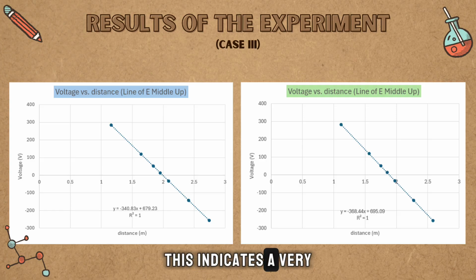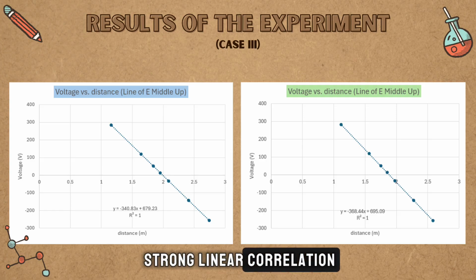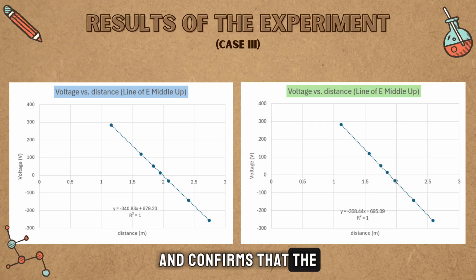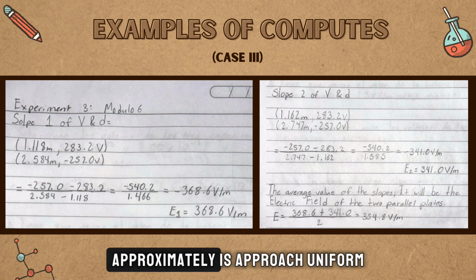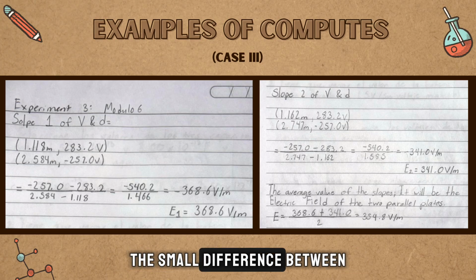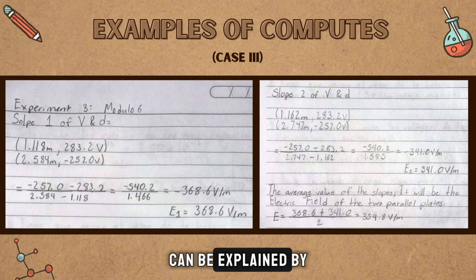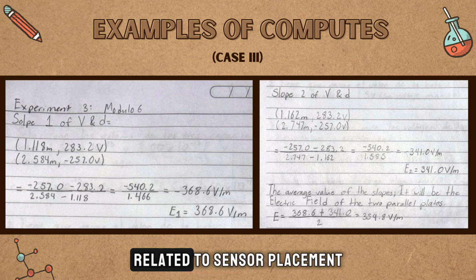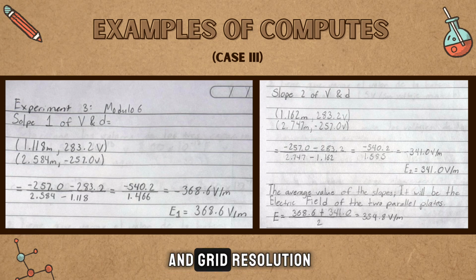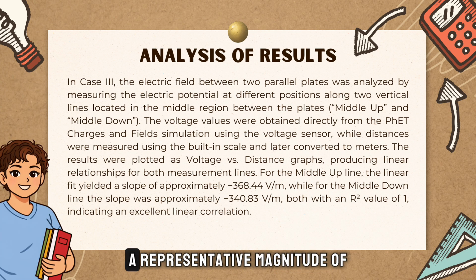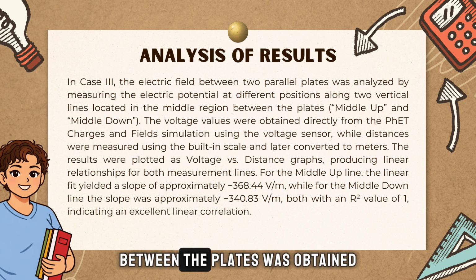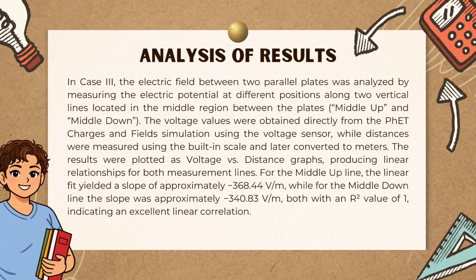This indicates a very strong linear correlation and confirms that the electric field between the plates is approximately uniform. The small difference between the two slopes can be explained by measurement uncertainty related to sensor placement and grid resolution. By averaging, a representative magnitude of the electric field between the plates was obtained.